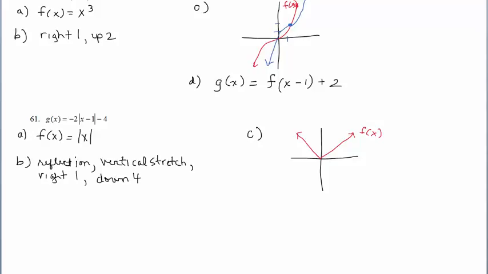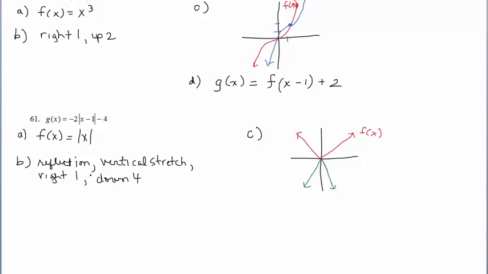I try and take care of the more difficult reflection and stretches and shrinks first. So reflecting it means it's going to come down here, and a vertical stretch means it's going to be made thinner. So I'm going to reflect it and make it thinner. It's a non-rigid transformation. So I've taken care of these 2.